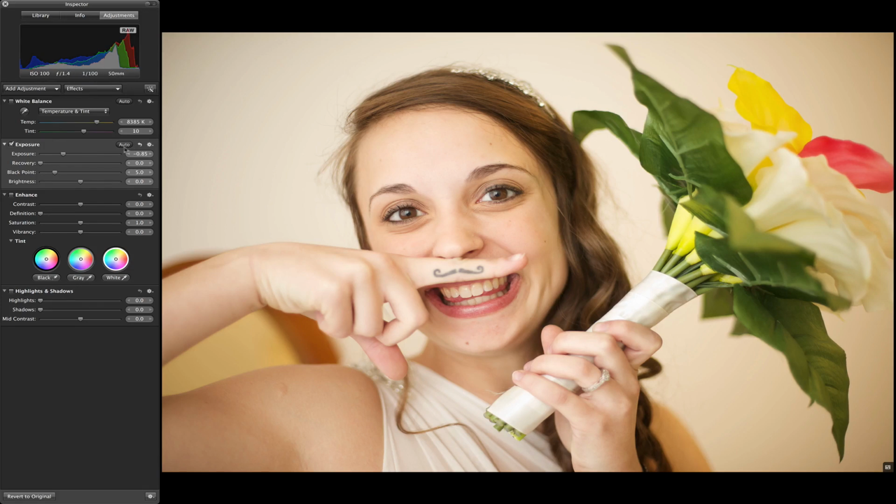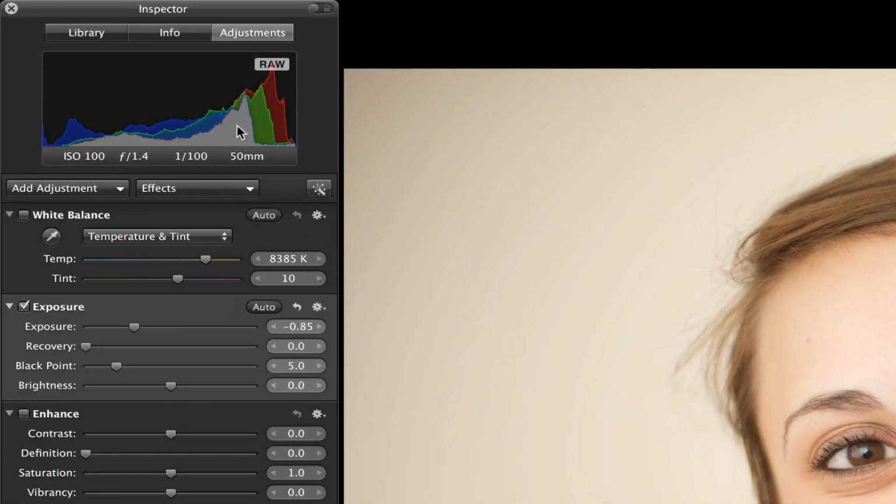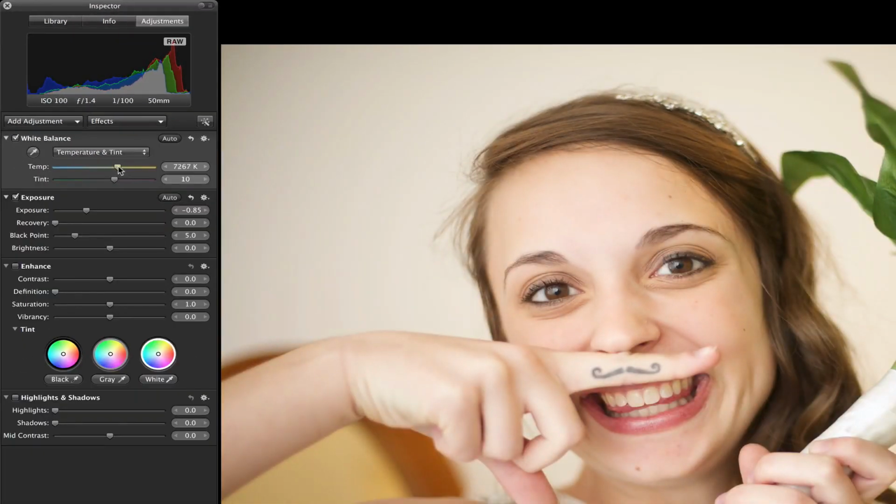So if you look at your histogram, I'm going to try to bring the blues, the greens, and the reds in this peak here perfectly together and create a more balanced white. So I'm going to grab my temperature slider here and drag it over to the cooler to reduce that warming look.